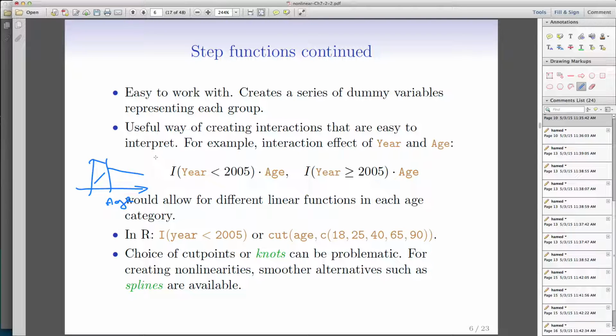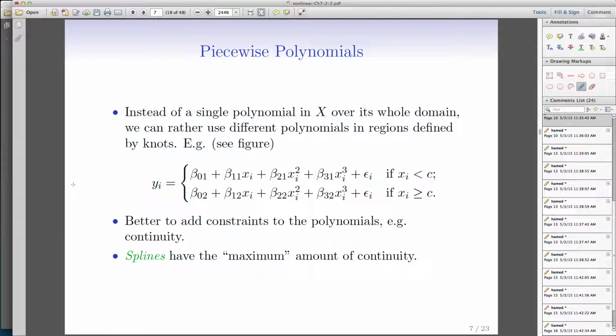We are using something more useful called splines. But in order to get there, I have to discuss how you can add nonlinearity as well, because another thing that we are lacking here is nonlinearity. So in general, we can introduce piecewise polynomials instead of step functions.